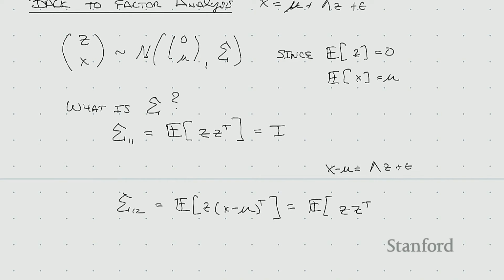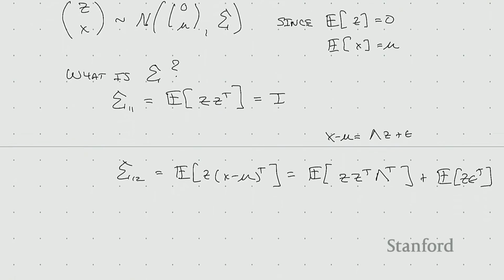So it's going to be the expected value of Z transpose lambda transpose, plus the expected value of Z epsilon transpose. Now, Z and epsilon are independent, so boom, this goes to 0. This we just concluded was the identity, so this equals lambda transpose.